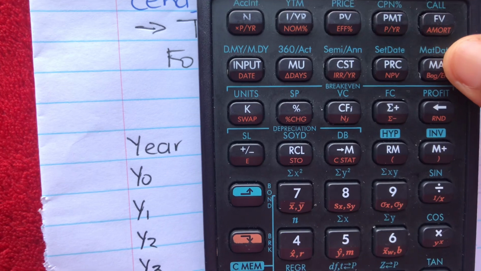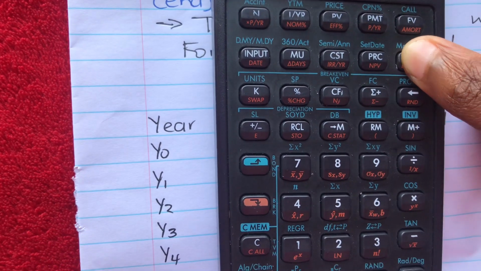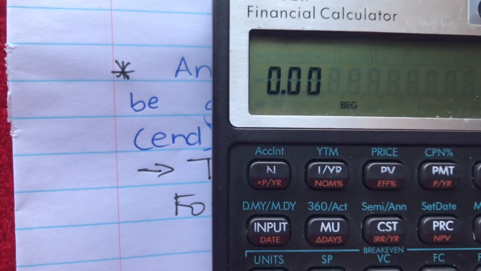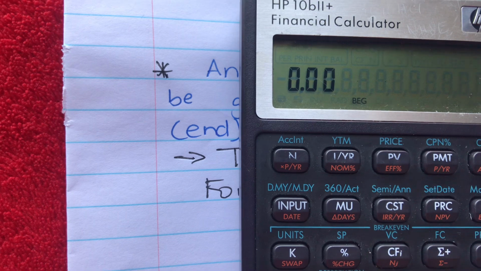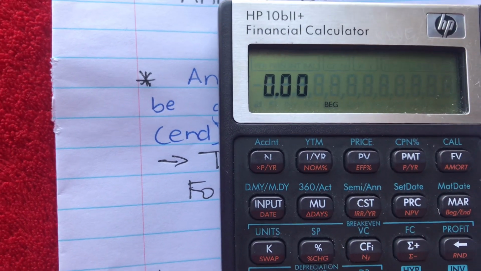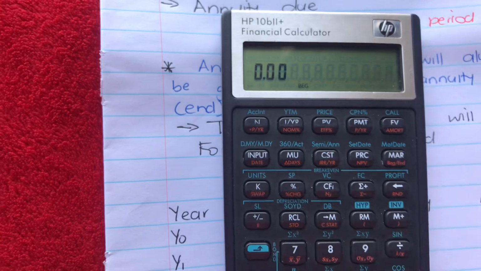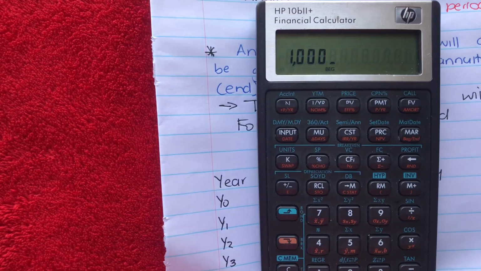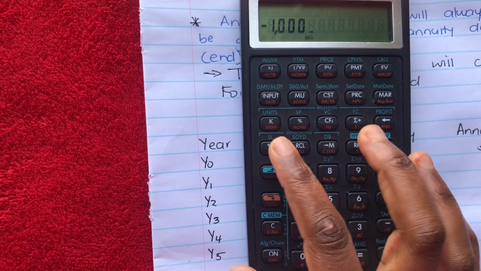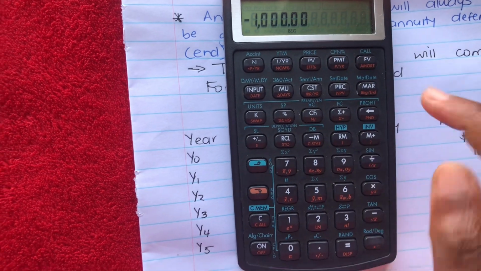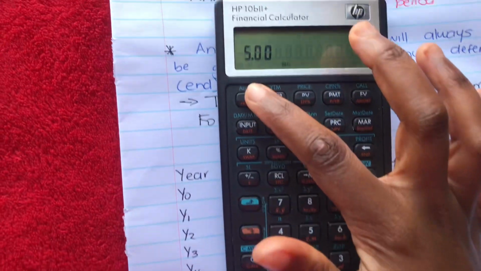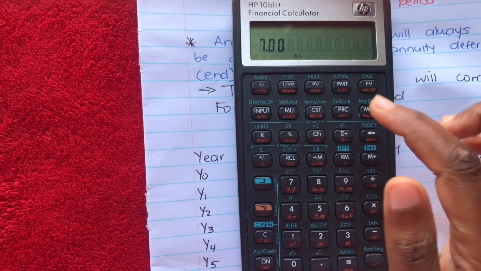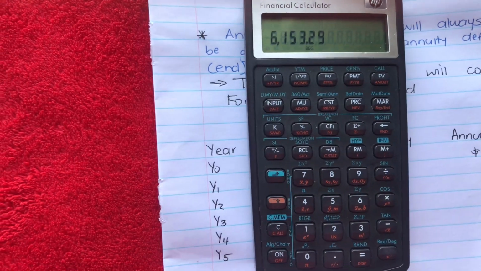You only press it when you are dealing with the beginning, which is the annuity due; it is always at the end by default. So the payments are made at the beginning of the year. We enter 1,000 as a minus, that's our PMT, then 5 is our N, 7 is our I, and then we find our future value.